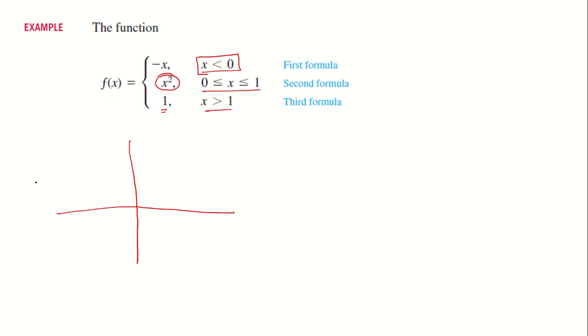The first one is f of x equals negative x, that is y equals negative x.